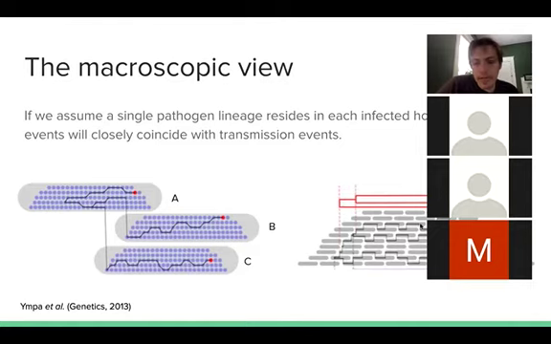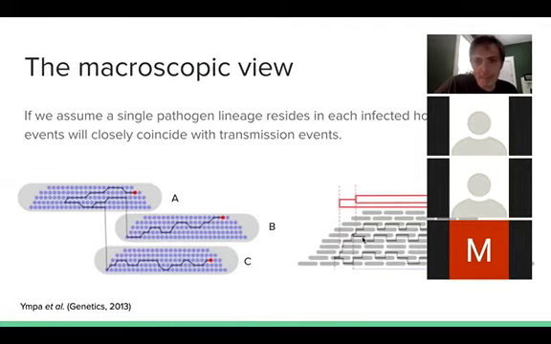If we're tracking the genealogy or descendants of a particular pathogen lineage backwards through time, those lineages are going to be moving between different infected individuals.